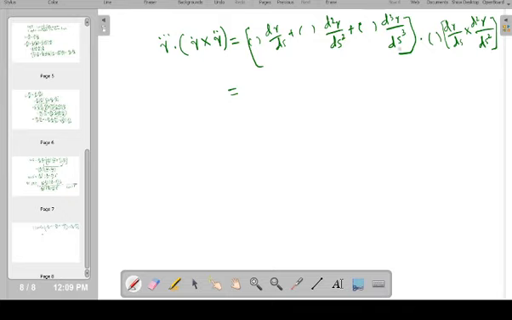So you are left with only this scalar into this scalar into d cube gamma by ds cube dot product with d gamma by ds cross d square gamma by ds square.